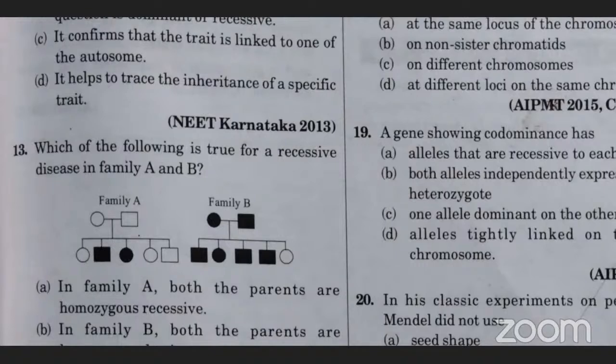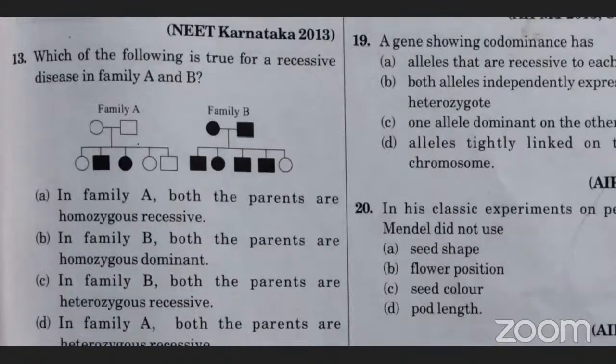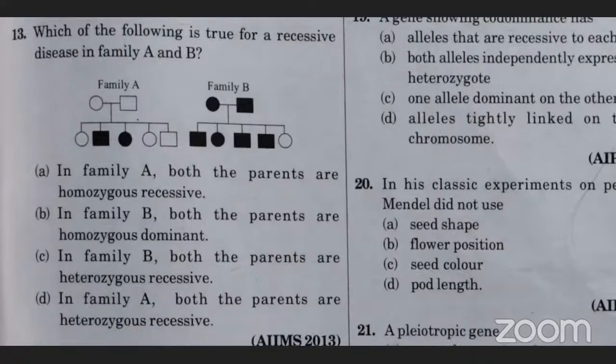In family A, the progeny are one male and one female affected. But in family B, only one female is normal. The remaining three males are affected, and one female is also affected by the disease.